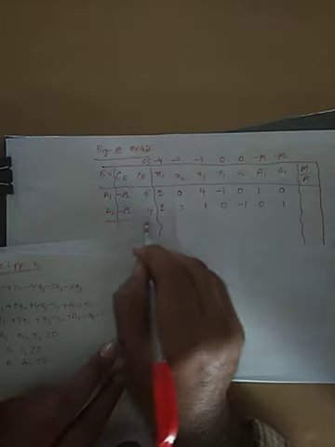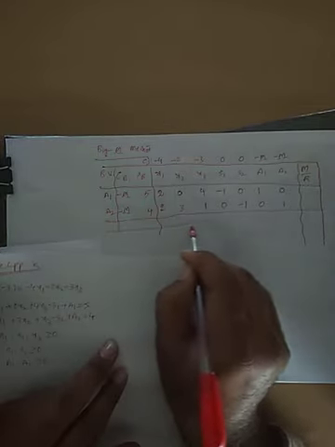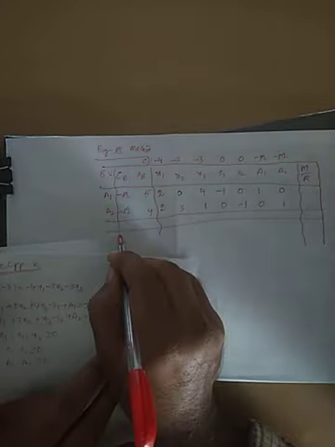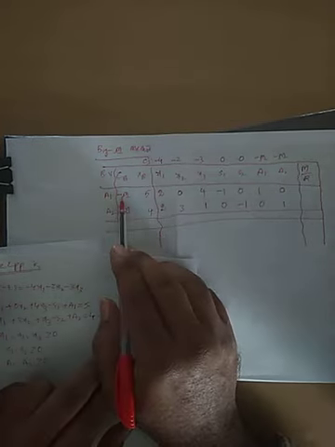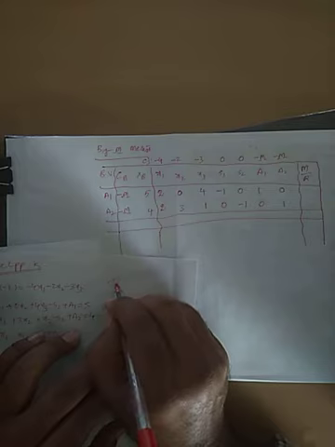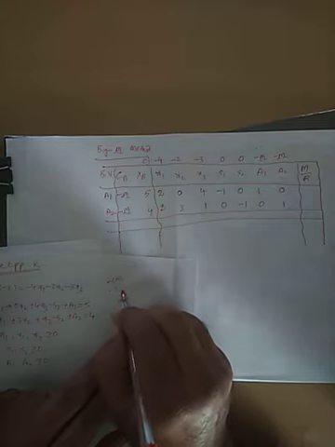Now you go for the first net evaluation values calculation. What is that? Minus M into 2, minus 2M. Again minus M into 2, minus 2M.